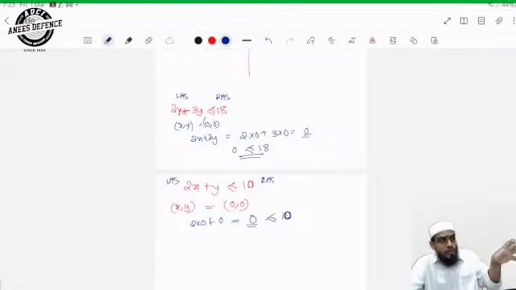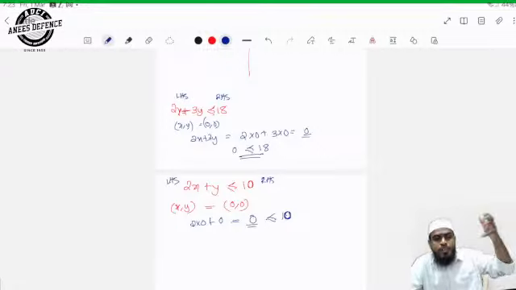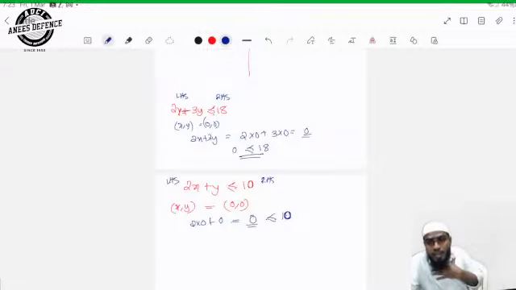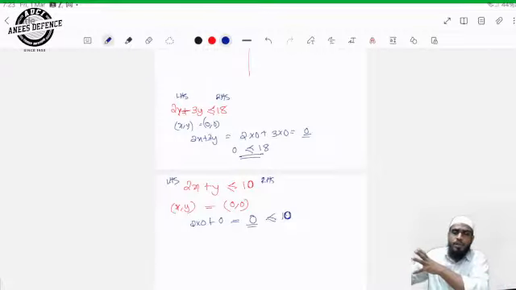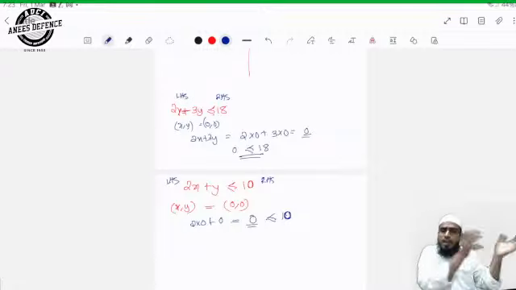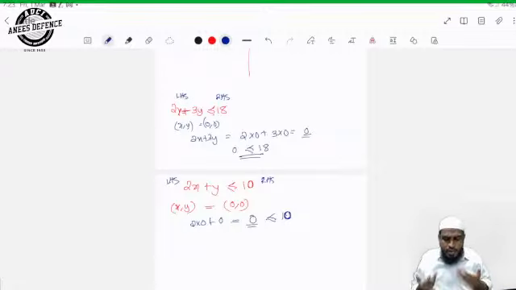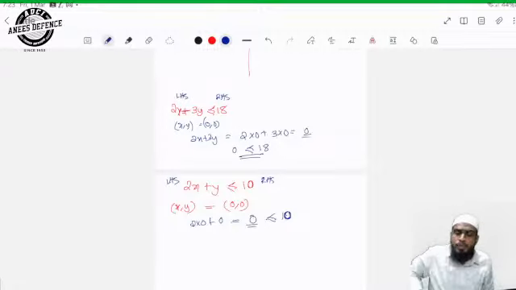So when you are taking a point from the origin side, and if it is satisfied, then our region of interest is the origin side. If that is not satisfied, we will consider the opposite side. If the right side is not satisfied, then automatically we know that the region of interest will be the left side. So here, in both cases, we are getting the origin side. So we will put it as the origin side.